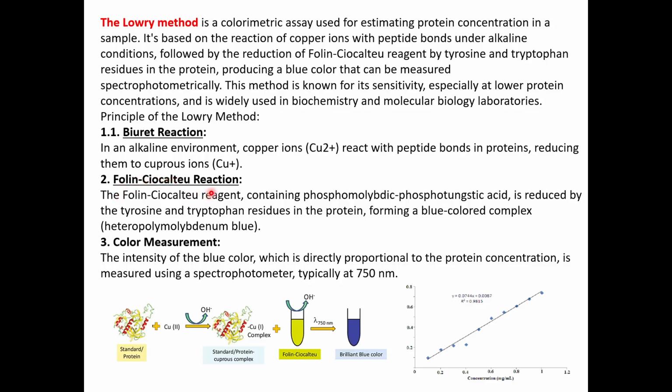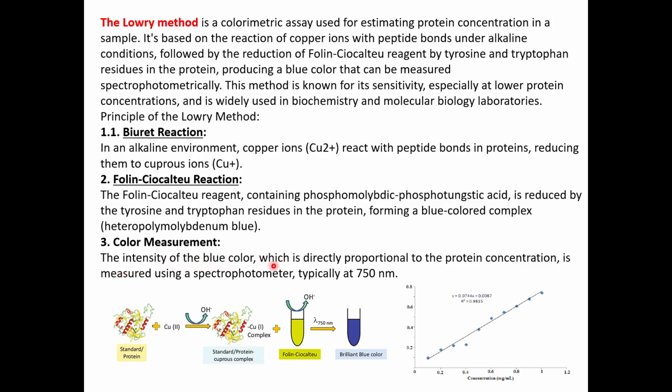In the Folin-Ciocalteu reaction, the reagent containing phosphomolybdic and phosphotungstic acid is reduced by the tyrosine and tryptophan residues in the protein. This forms a blue colored complex, heteropolymolybdenum blue. The color measurement is then taken after the reaction.